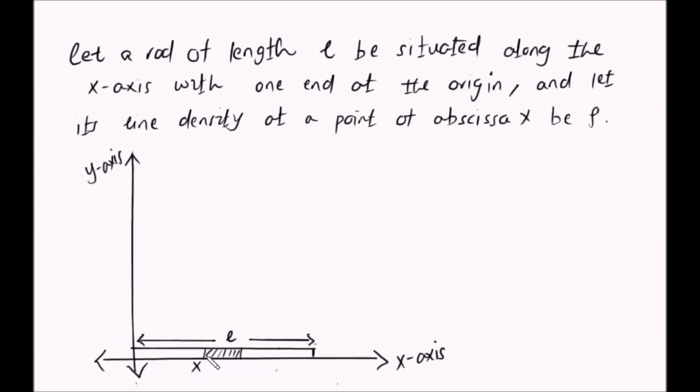Mwanzo wake ni from distance x, afu mwisho wake ni x plus delta x. Manake, so hapa ndo hiyo x plus delta x, hapa ni x. Manake urefu wa hii element sio urefu wa body, urefu wa kipande wa hii element ni delta x, kwa sababu nitachukua hii x plus delta x minus x.